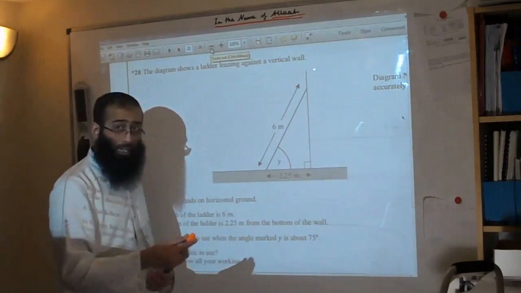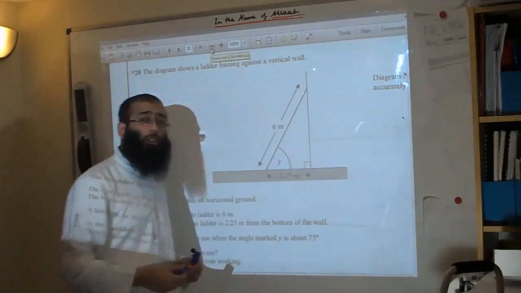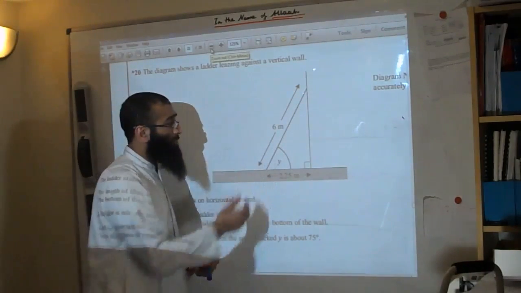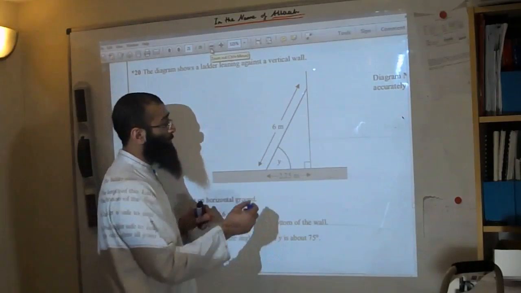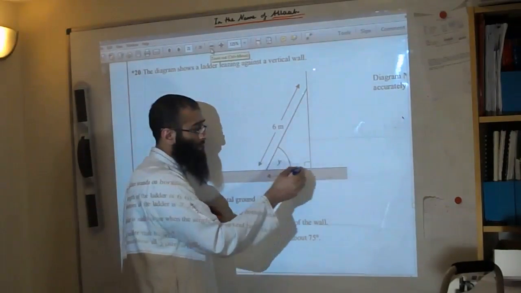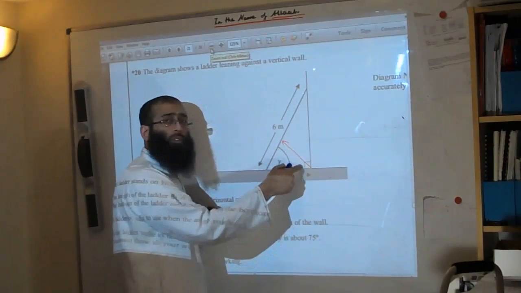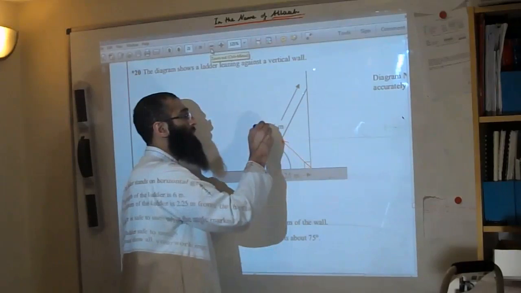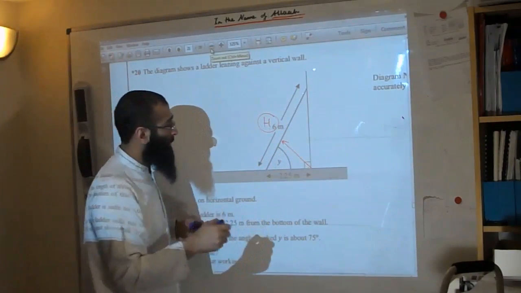So let's start with this triangle here. As you notice, first of all, this is a right angle triangle. So for a right angle triangle, we can use sine, cos and tan. Okay, trigonometry. So first of all, let's start at the right angle. I always teach my students, opposite the right angle is always the hypotenuse.